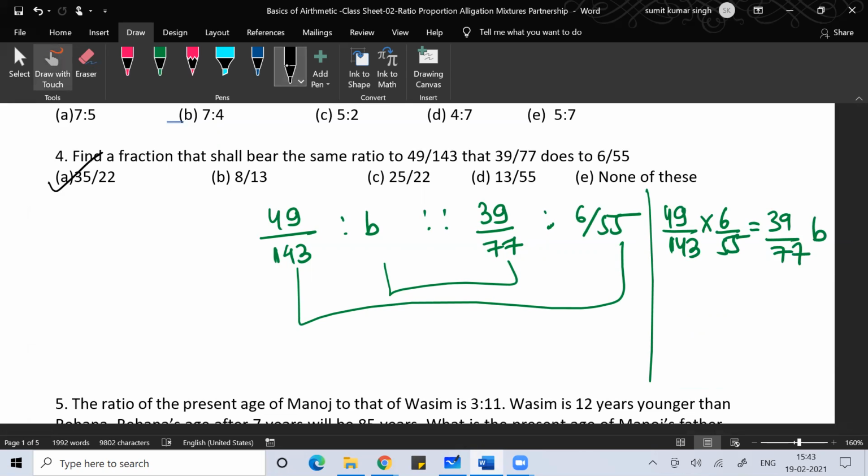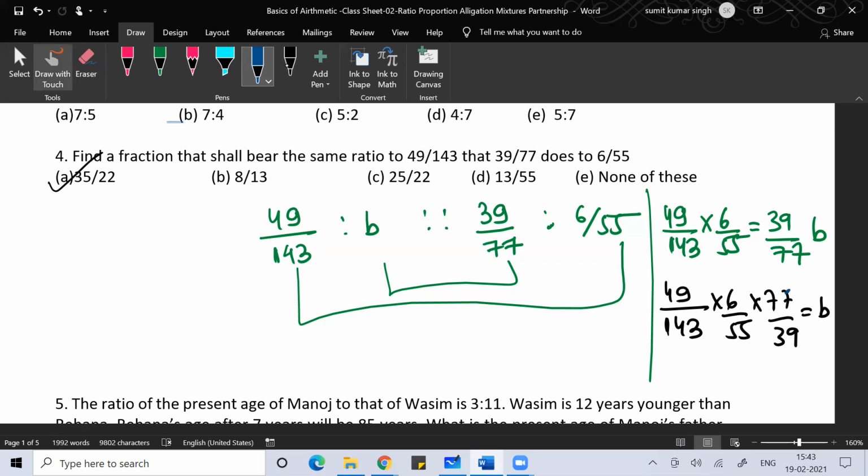So now we can solve this: 49 by 143 into 6 by 55 into 77 by 39 equals b.